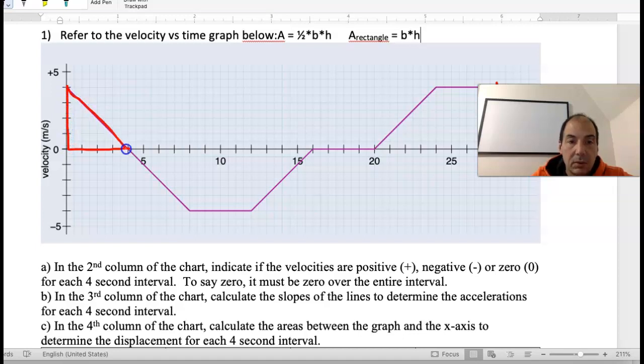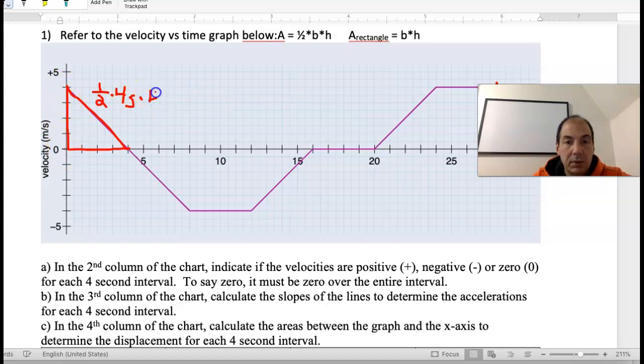Obviously a triangle, so we're doing 1/2 base times height. So I have 1/2 times the base, well that would be 4 seconds, times the height. The height is going from 0 up to 4 meters per second.